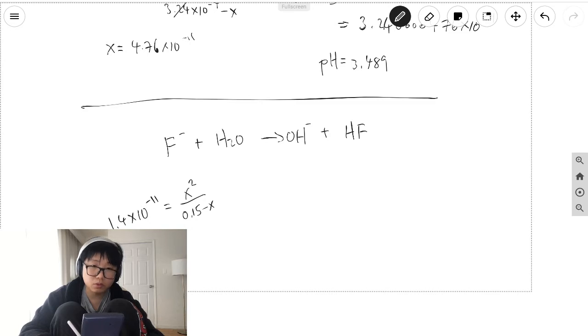Alright, and then let me know the x value once you get that. Oh, and actually you gotta be careful in terms of writing pH though. So tell me what you get for x first.